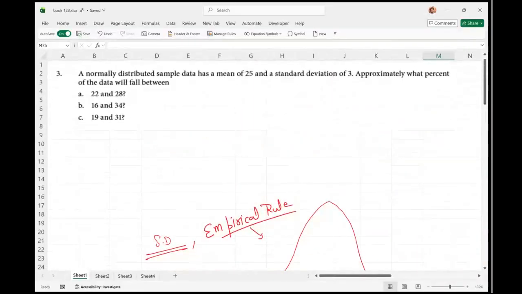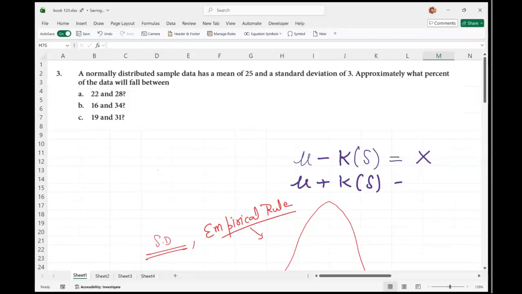Before I jump into the question, the formula to calculate the values is: mean minus k times s is equal to x, and mean plus k times s is equal to x.